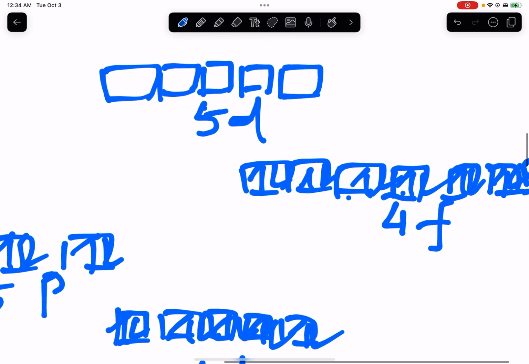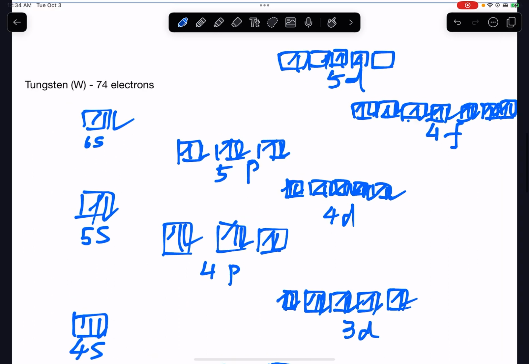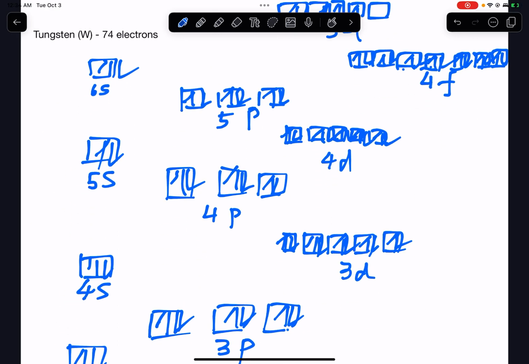And lastly, we have the 5d. And that's the end of the tungsten.